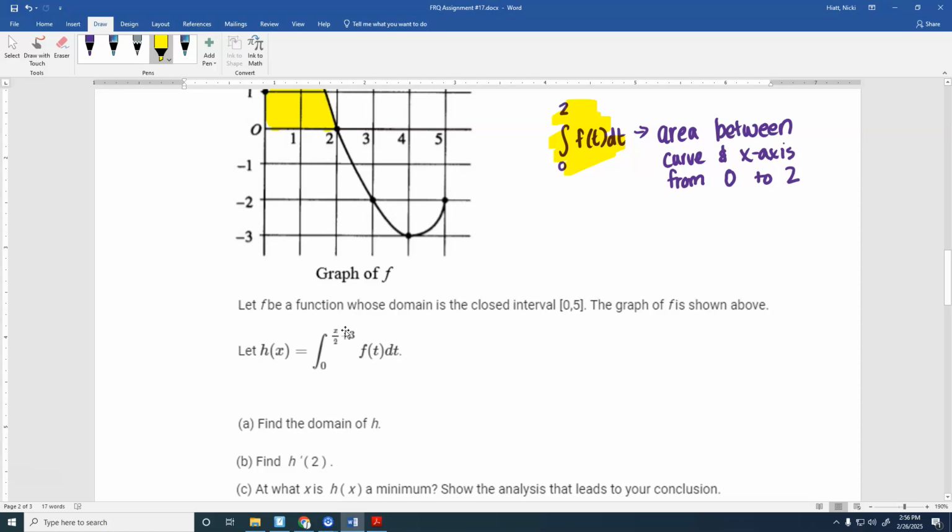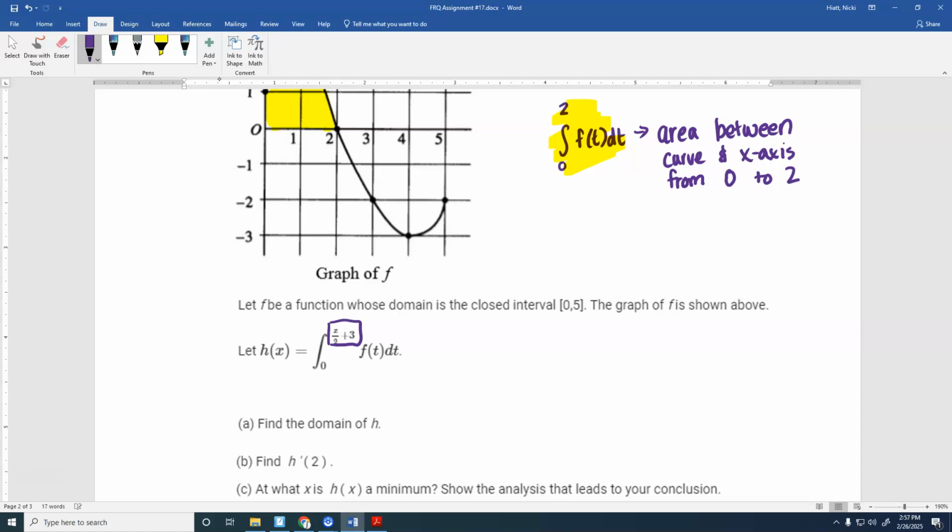Because f doesn't exist outside of that. So for this, that top limit right there, the lowest it could be is 0, the highest it could be is 5. But that does not mean the x value is 0 or 5, right?